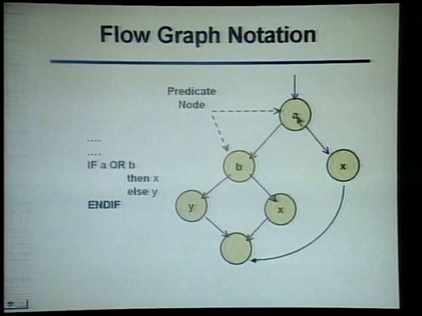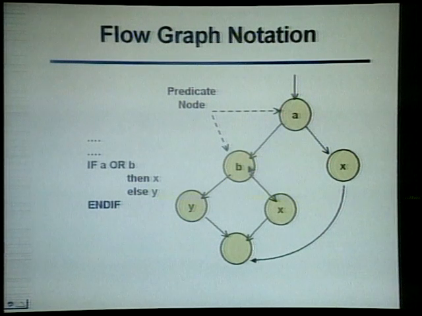If this condition is true, of course there is no need of checking the second condition B. We simply go and execute statement X. Now if condition A is false, then we should check the second condition, B. So we have a separate node here to check the condition B. Again, the condition B might be true or false.